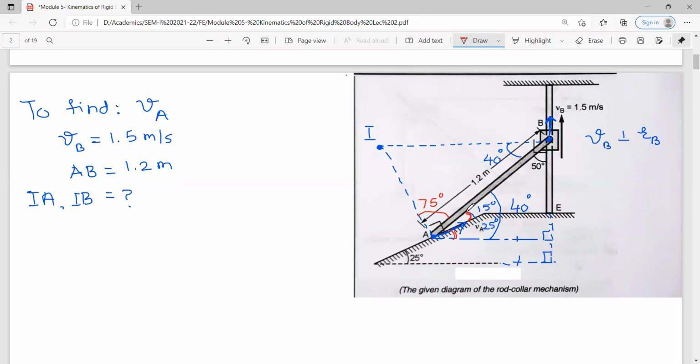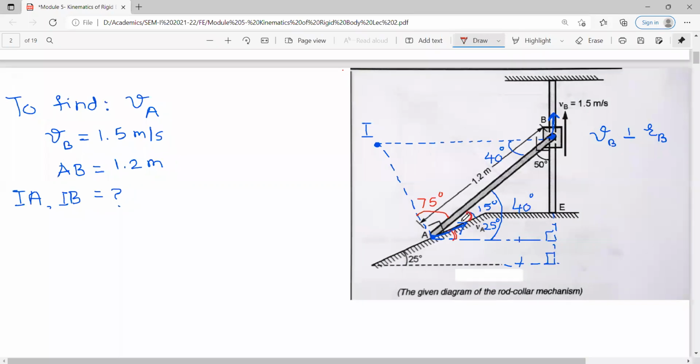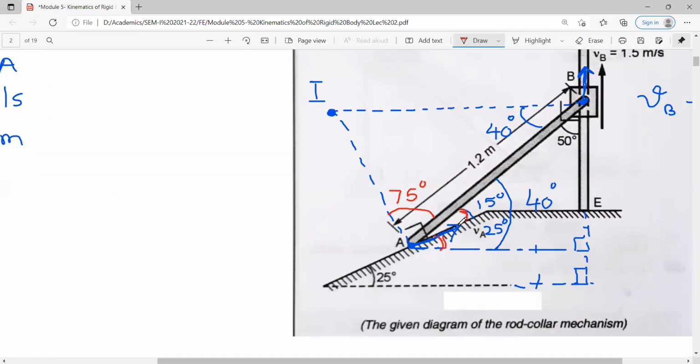See, this angle is 15, and this velocity direction is along the inclined plane. Radius IA is perpendicular to the velocity of point A. The velocity of point A is along the inclined plane because point A is dragging along the inclined plane.